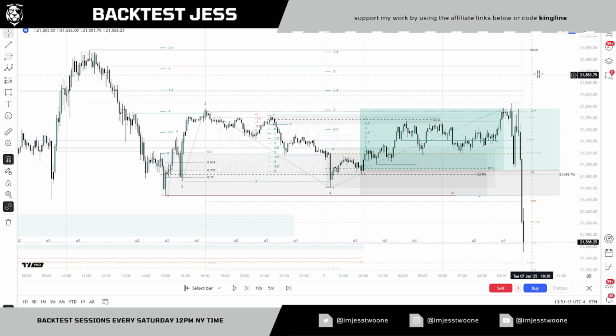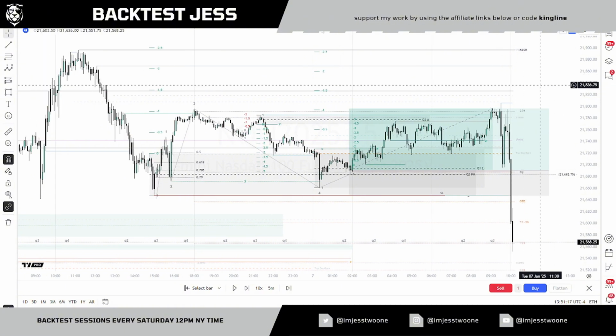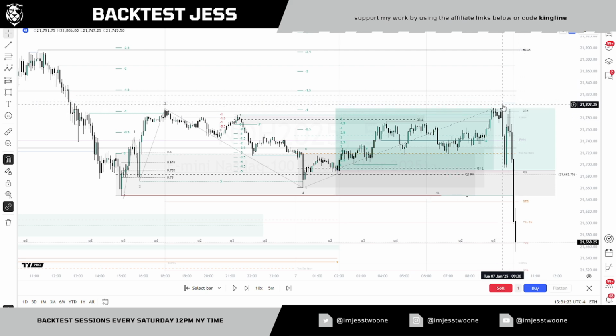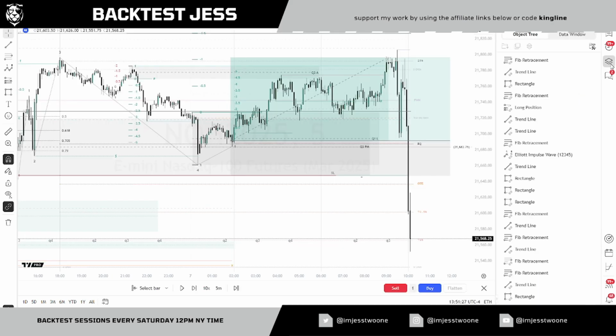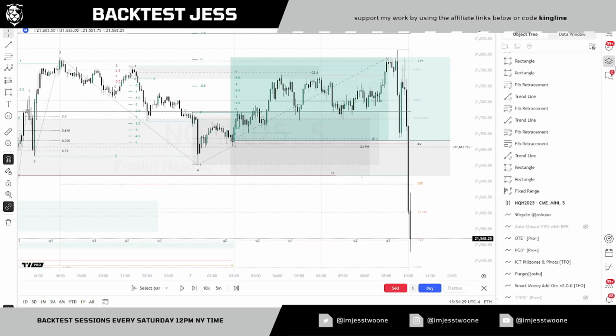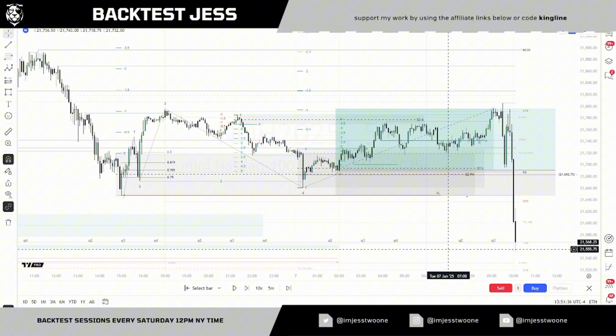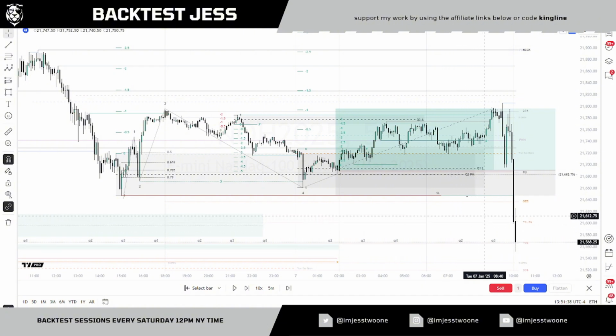I do not have the SMAs on. We decided to not add too many components, but I wouldn't be surprised if this swept the SMAs right here. Is that what you're looking at? I don't have it on. We decided together, Adrian and I, to not use that already because we have so much going on, because we're trying to make the narrative mechanical for all of you to follow, right?